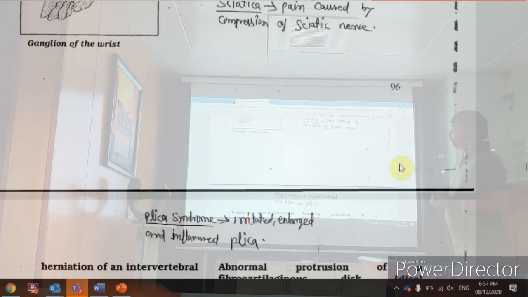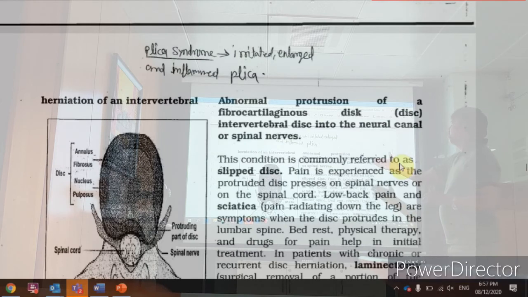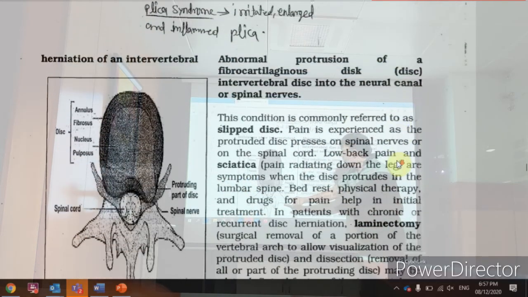Oh, it's mentioned here only. Herniation. Hernia means poking into other people's business. So remember, this is a cartilage, this vertebrae, right? Disc, everything is mentioned in this. The spinal cord is here. Protrusion of any one of these things onto the nerve will cause this pain.